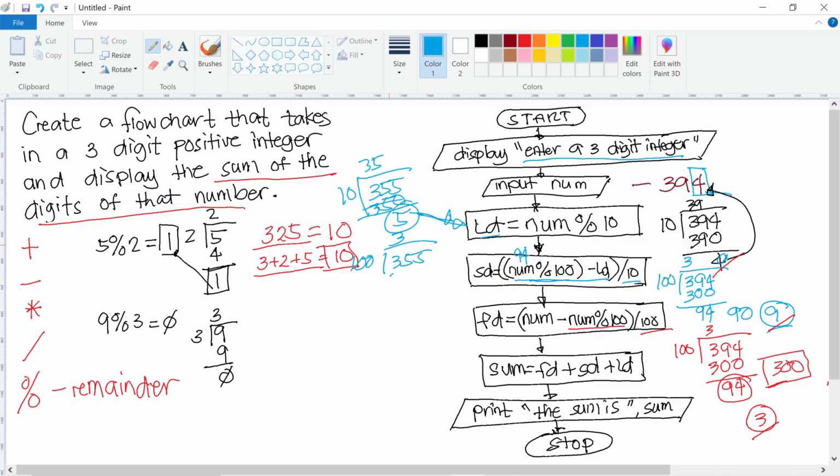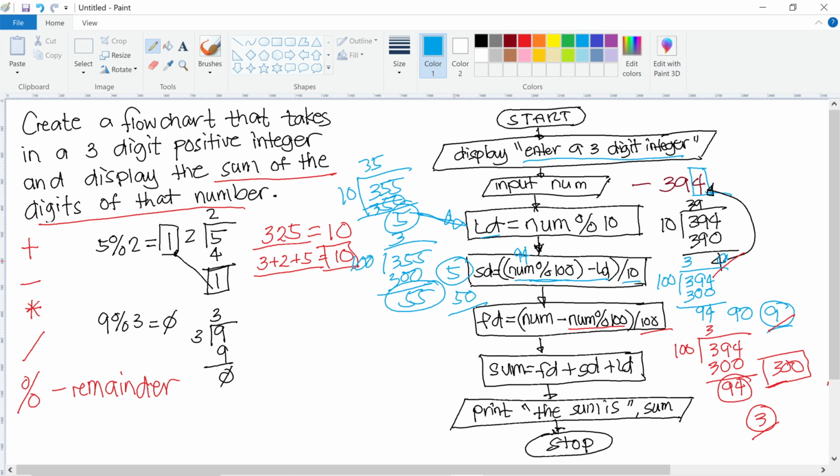Multiply it by 100, that will give us 300. Subtract, the remainder is 55. And when we subtract the value of LD, which is 5, from 55, we get 50. Divide it by 10, SD will get a value of 5.